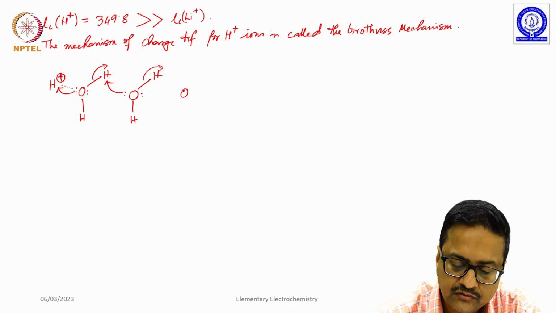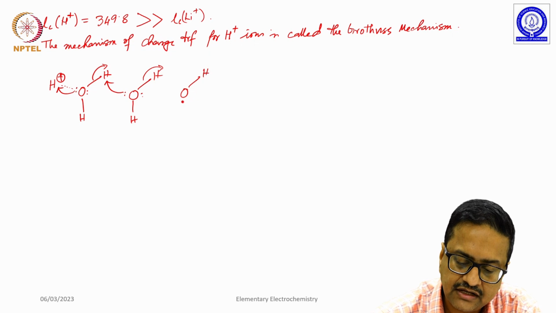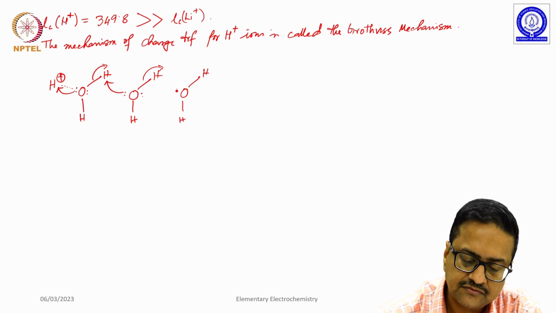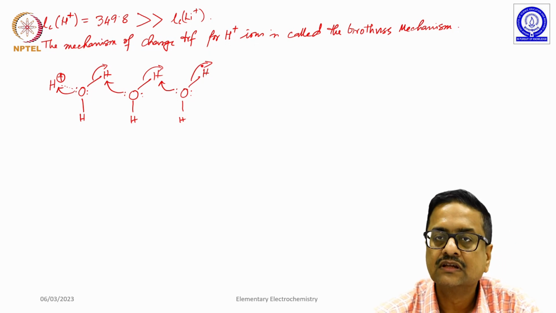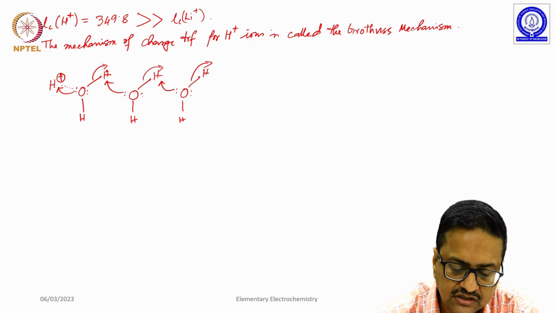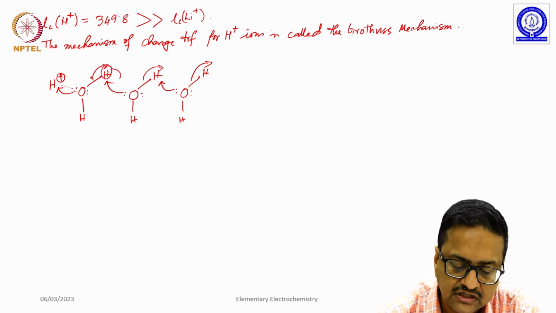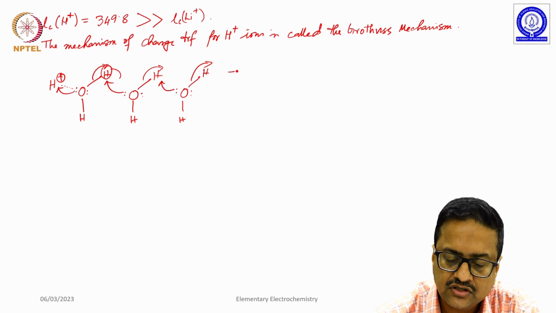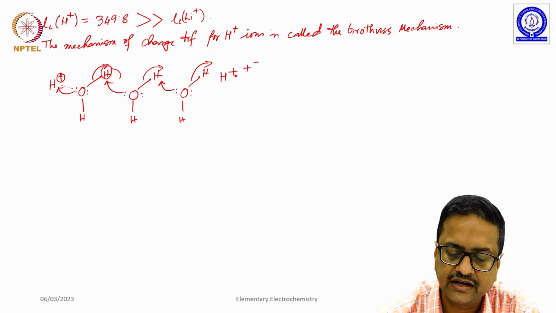So, like this, there is a very fast transfer of proton from one water to another water. This H+ moves out, leaving the electrons back. So, you end up getting the H+ ion at the other end.